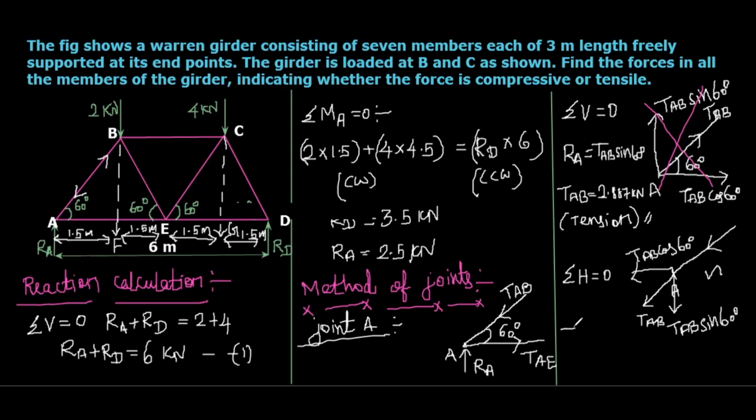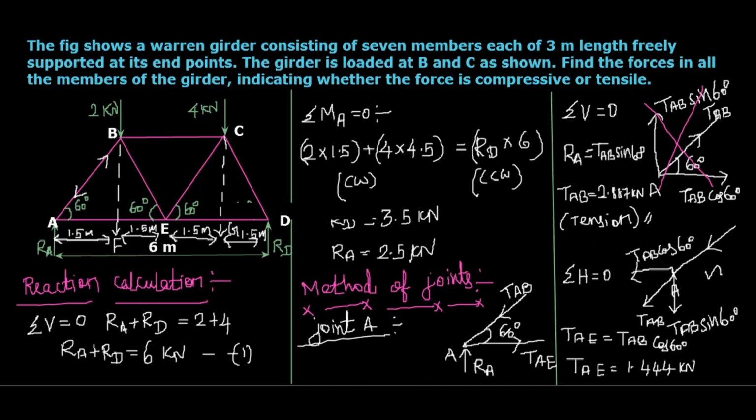So we can write TAE that equal to TAB cos 60 degree. Here already we calculated the value of TAB. If you substitute the value, we will get the tension in the member AE that equal to 1.444 kilonewton.